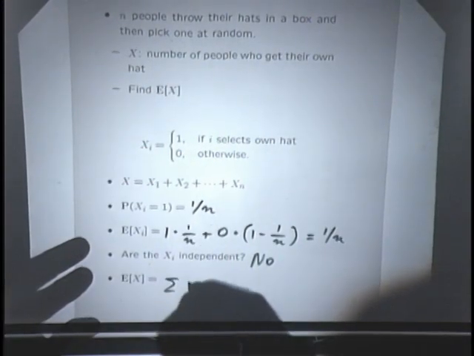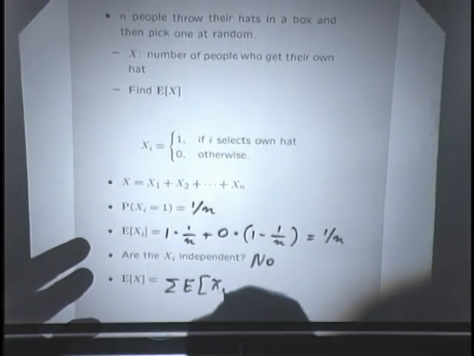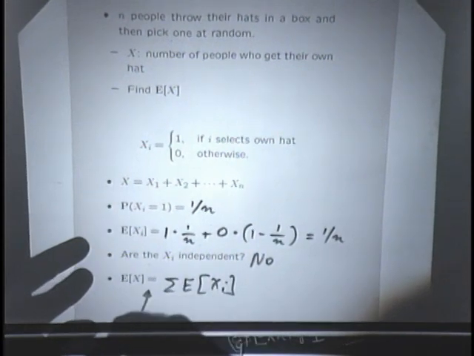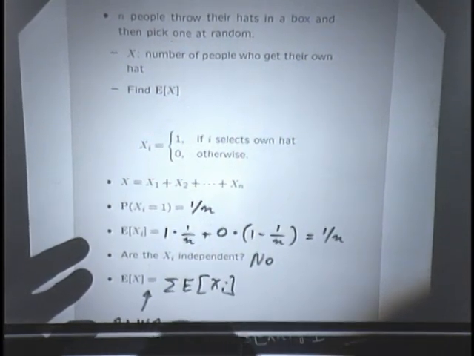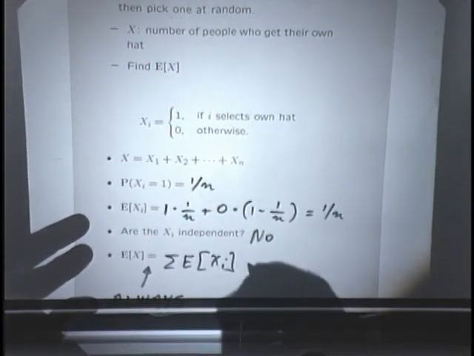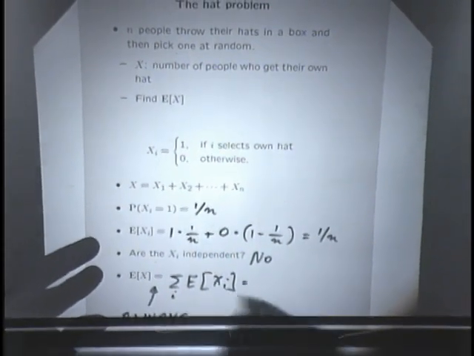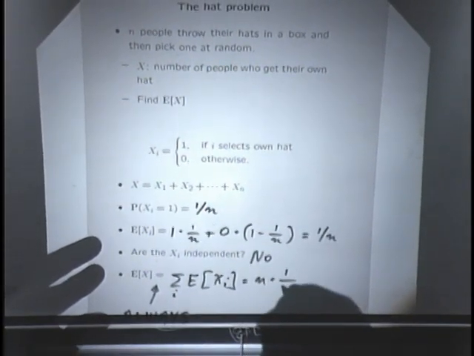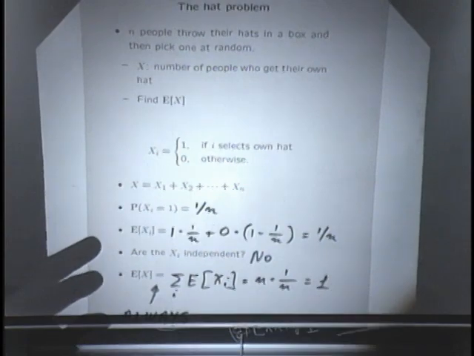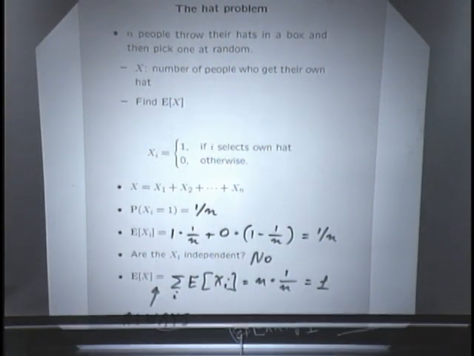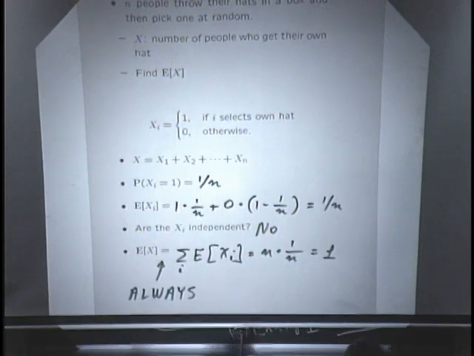So the expected value of x is the sum of the expected values of the xi's, and this is a property that's always true. You don't need independence. So we're adding n terms, each one of which has expected value 1 over n, and the final answer is 1. So out of the 100 people who select hats at random, on the average, you expect only one of them to end up getting their own hat back.